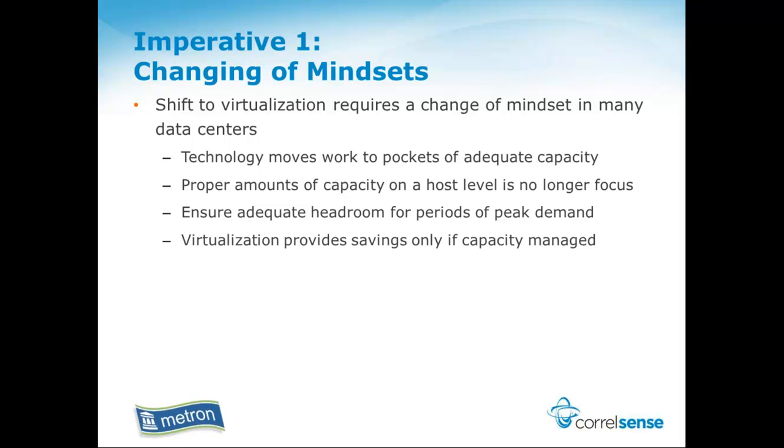We need to step that up and think about a data center level, because the automation that drives a lot of our virtualization technology will take that work and move it from one physical host to another when it feels like it needs to. We need to ensure that we have adequate headroom for periods of peak demand.